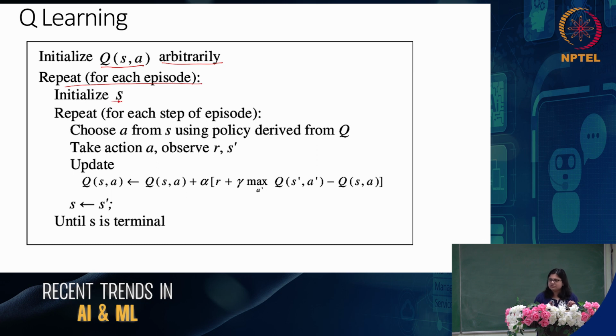You start with any state. Now for each step in the episode, you select an action A by applying the greedy algorithm: you select the action with the highest Q value, using the policy derived from Q.